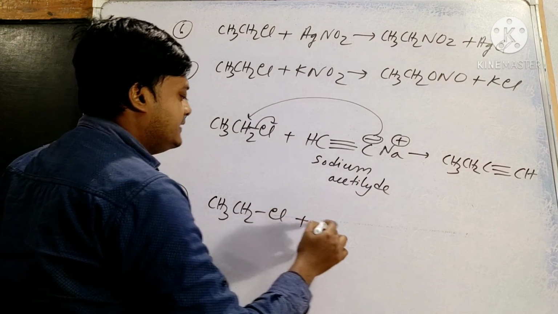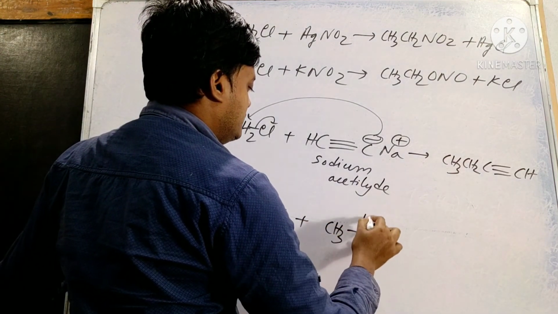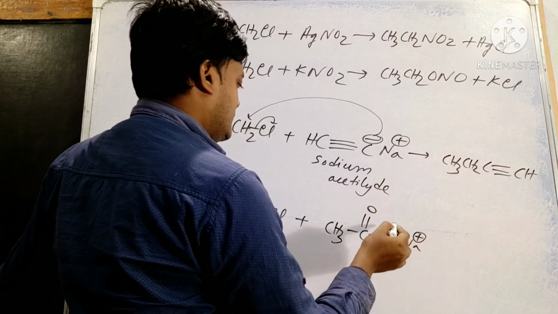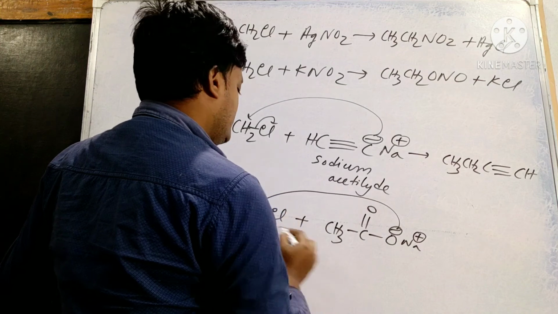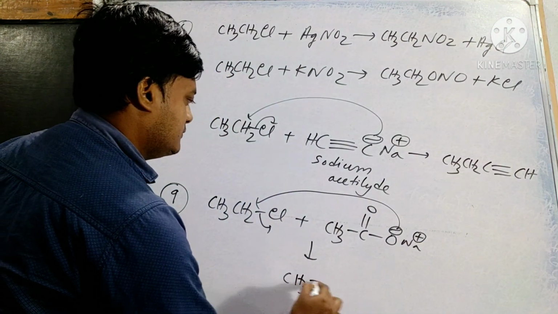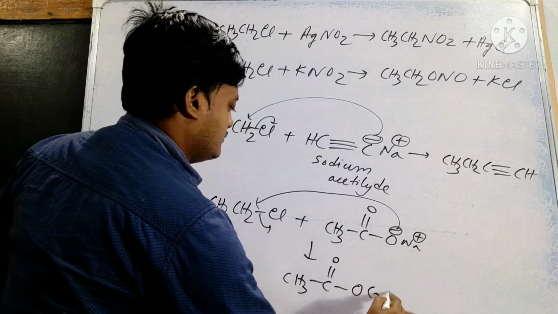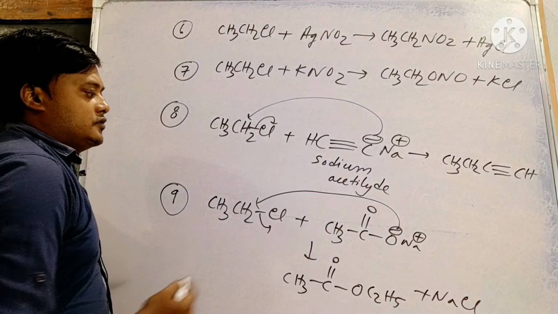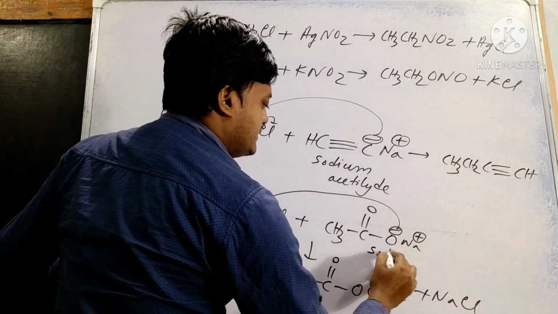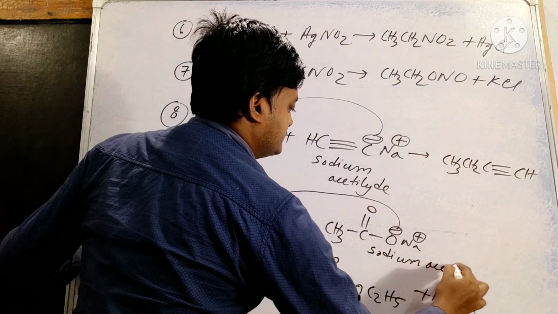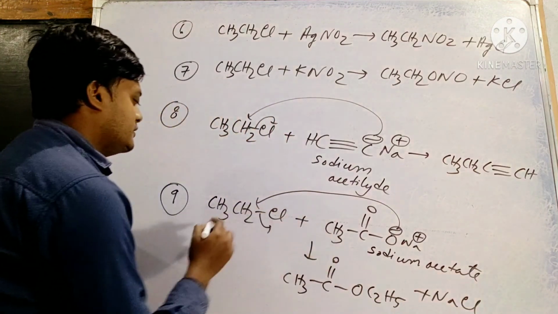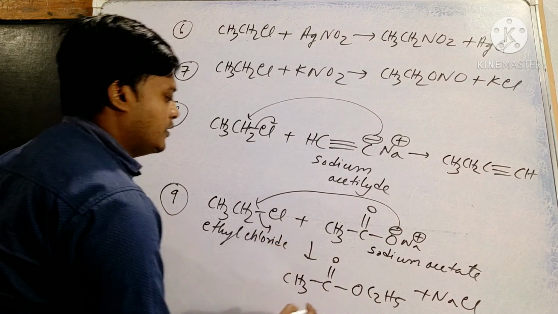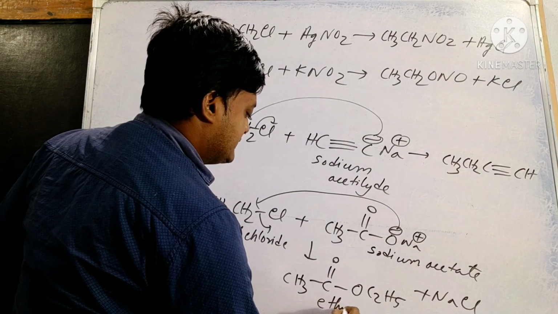Next, alkyl halide with sodium acetate. So it will form ester. So sodium acetate, this one, sodium acetate reacts with ethyl chloride to form ethyl acetate.